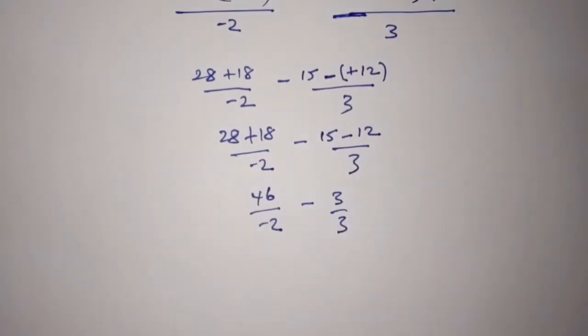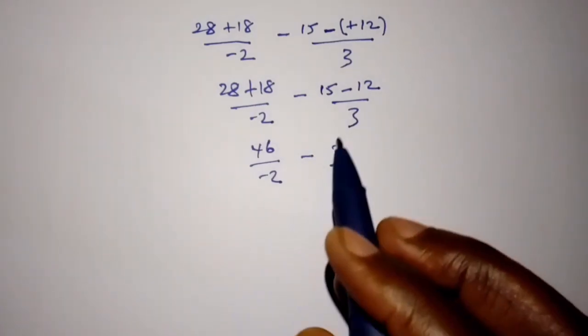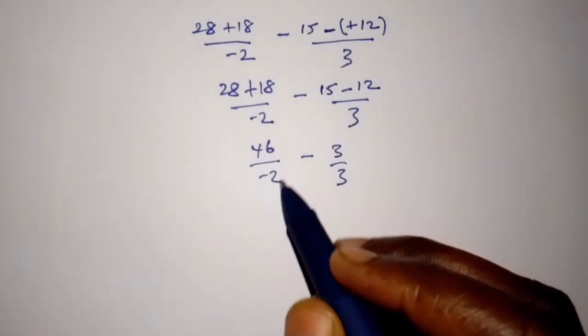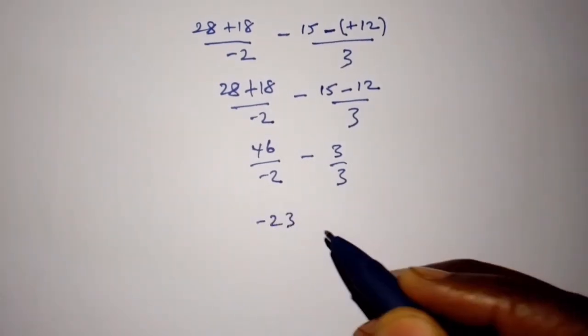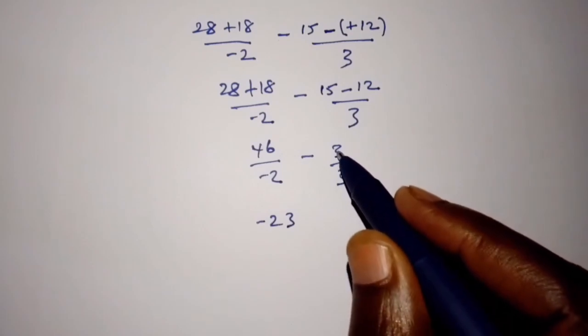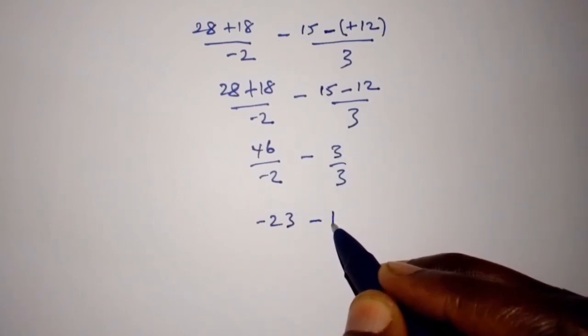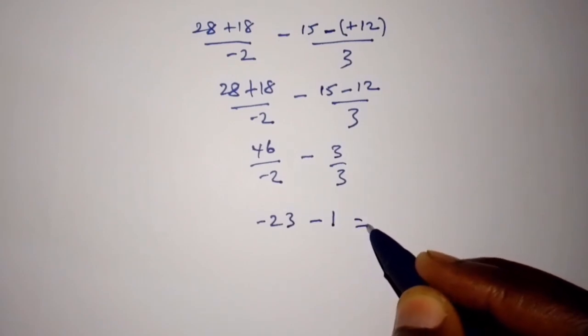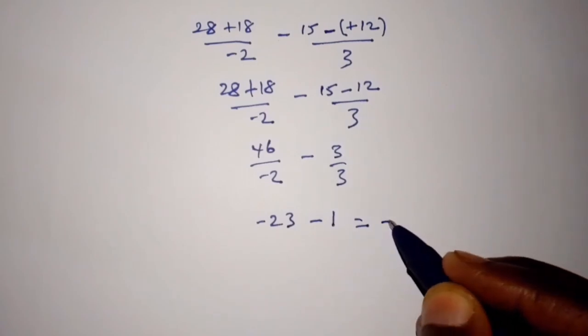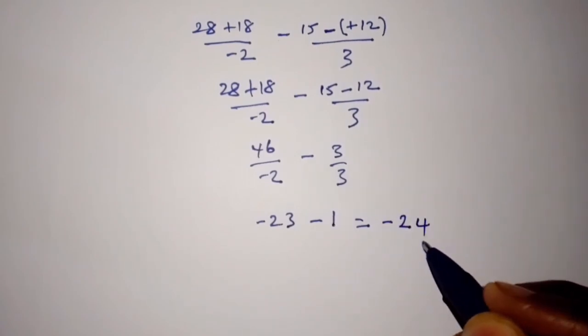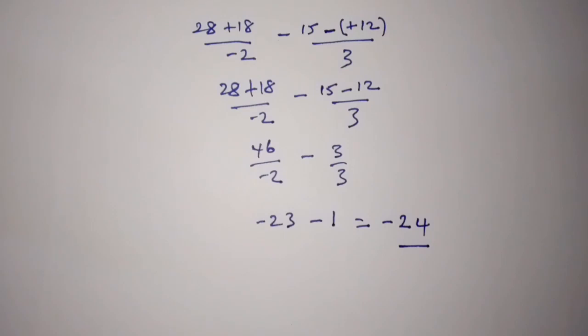Now we can divide 46 by negative 2, which is going to give us negative 23. 3 divided by 3 is 1. So negative 23 minus 1 is negative 24. Negative 24 is going to be our final solution for this problem.